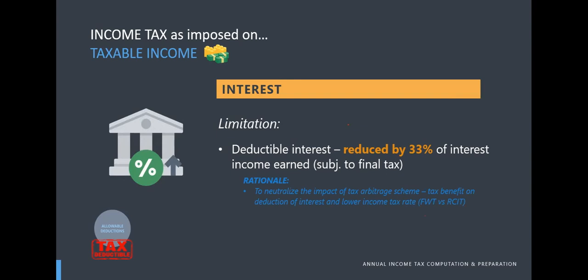So, kumbaga, this is an example of tax avoidance scheme na ginagawa ng taxpayers. So, in order to mitigate this tax avoidance scheme of the taxpayers, the government thought of a way to minimize this. So, ito yung limitation natin sa interest.